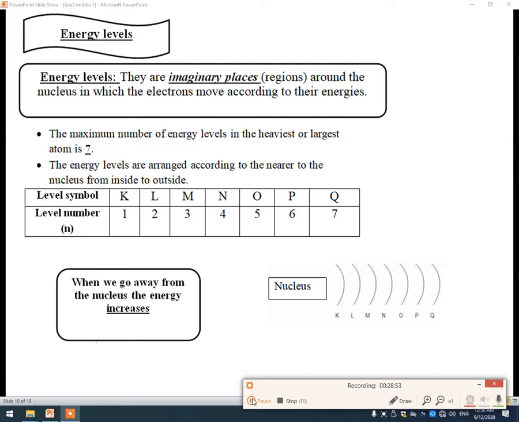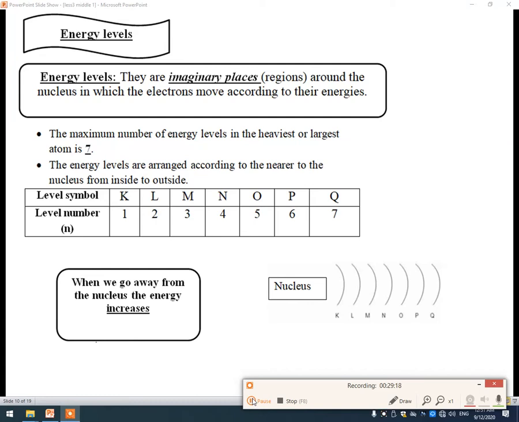For example, if we have electron A with energy 1, it will move in energy level 1. And if we have electron B with energy 2, this electron will move in energy level 2.